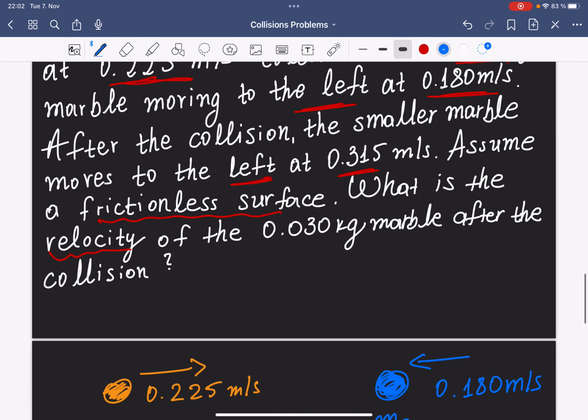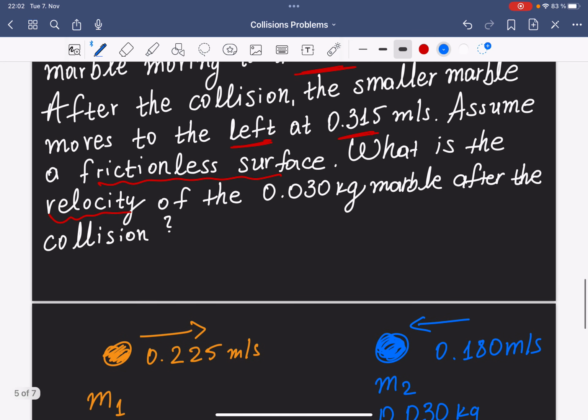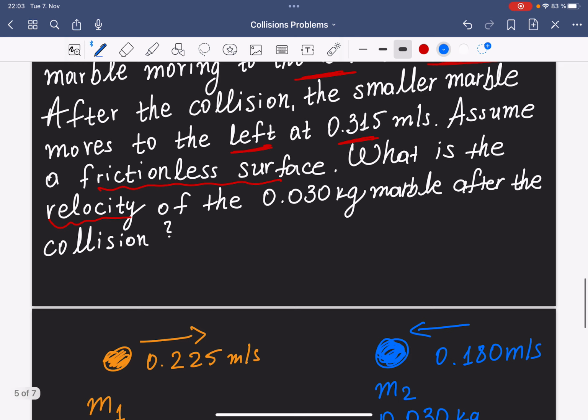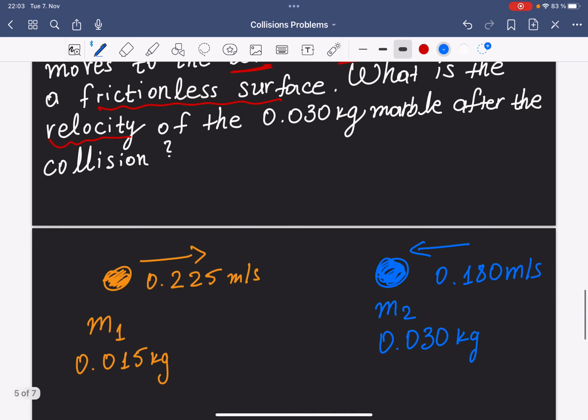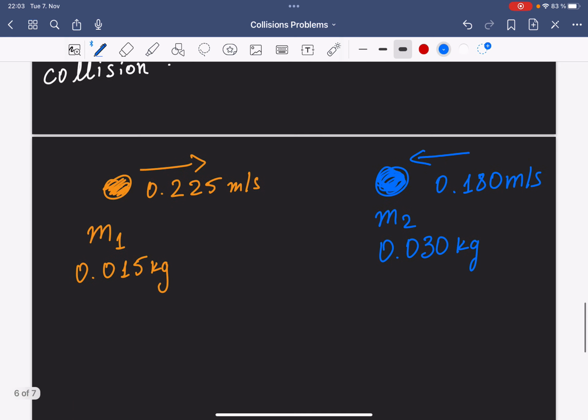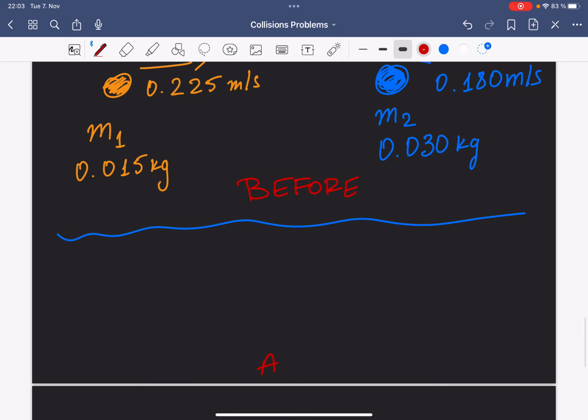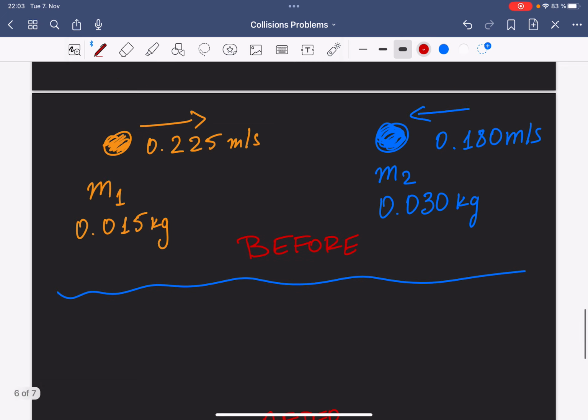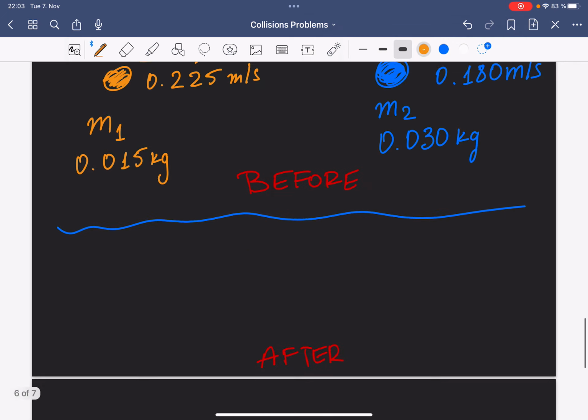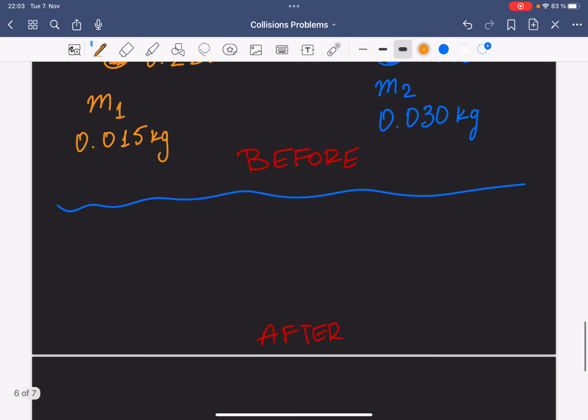We know that after the collision, the smaller marble will move to the left. So this is the before, and the after scenario would have the smaller marble, as it says.